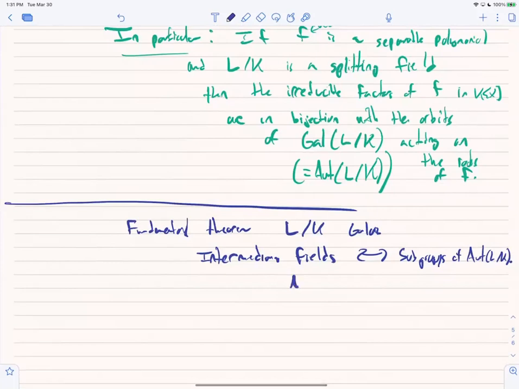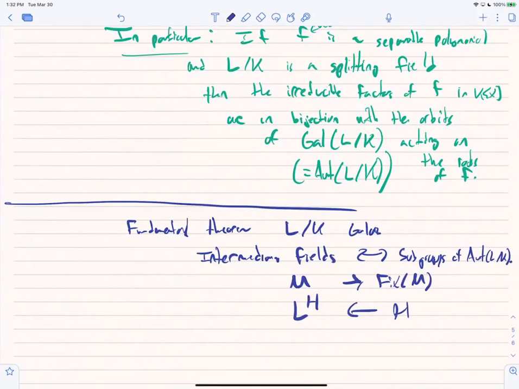You send M to Fix of M, which is all of the automorphisms that act by the identity on M. It's written on the handout, so I won't write it here. And a subgroup goes to the fixed field.